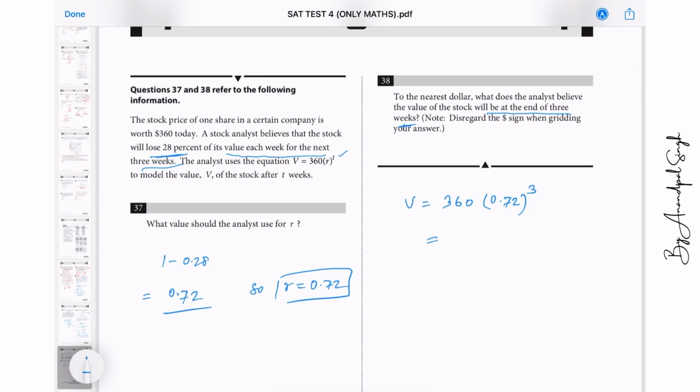Let me use my calculator. First of all, I write 0.72 raised to power 3. It is coming out to be 0.373248, and multiplying this by 360, we get 134.369. So that will be equal to $134 to the nearest dollar, because they're asking for the nearest dollar. So this is the answer.